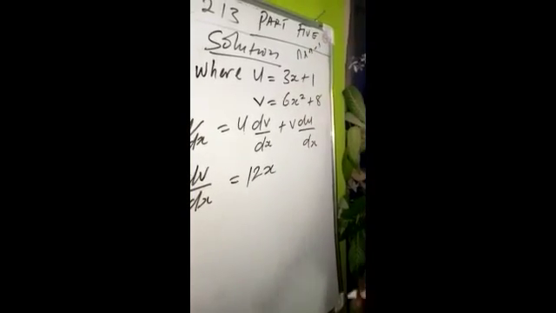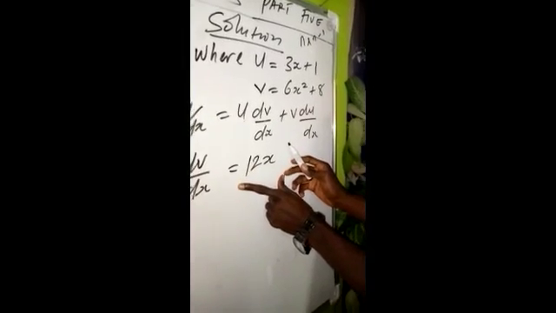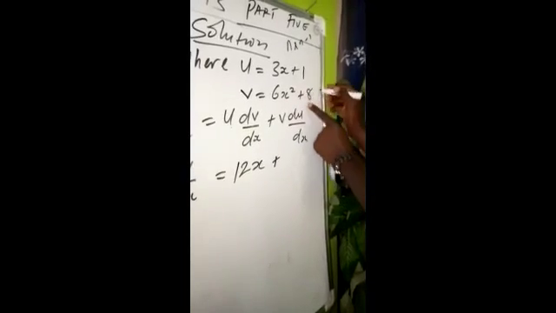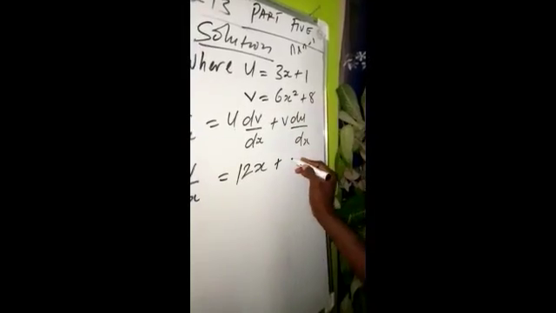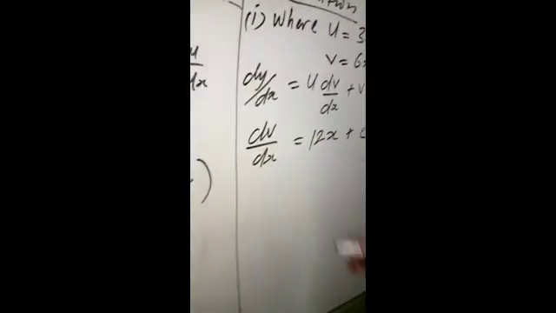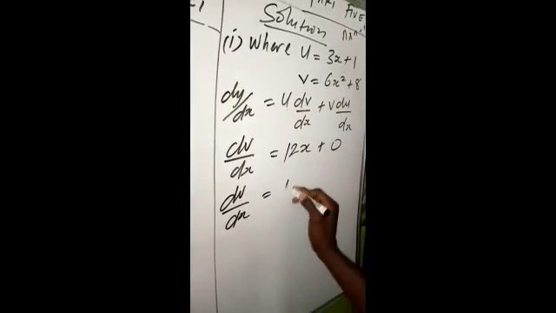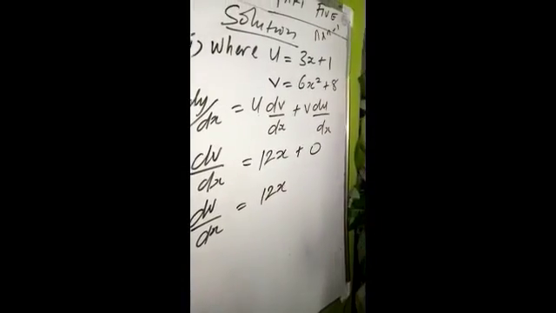When you subtract 1, you leave the answer as 12s. Then plus the differentiation of any given constant number. 8 is a constant number, so here it is 0. So dv/ds is equal to 12s. This is not the final answer.